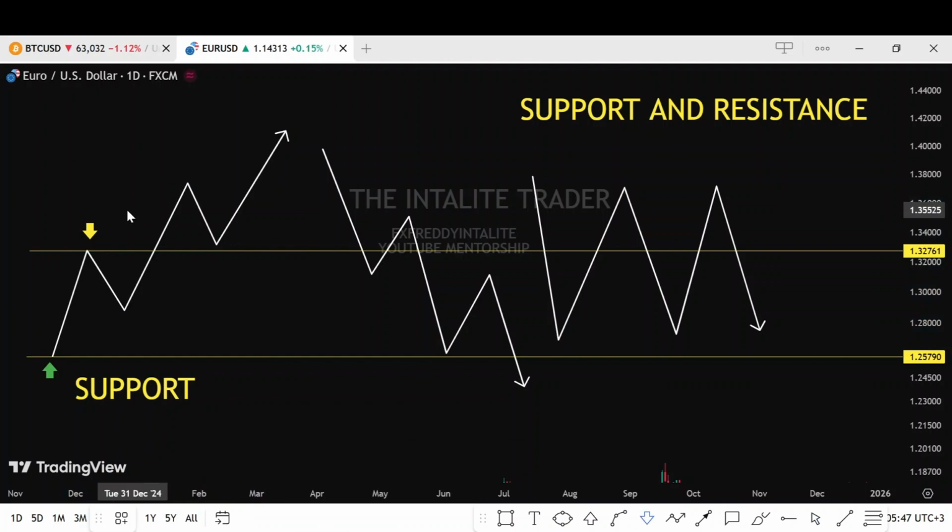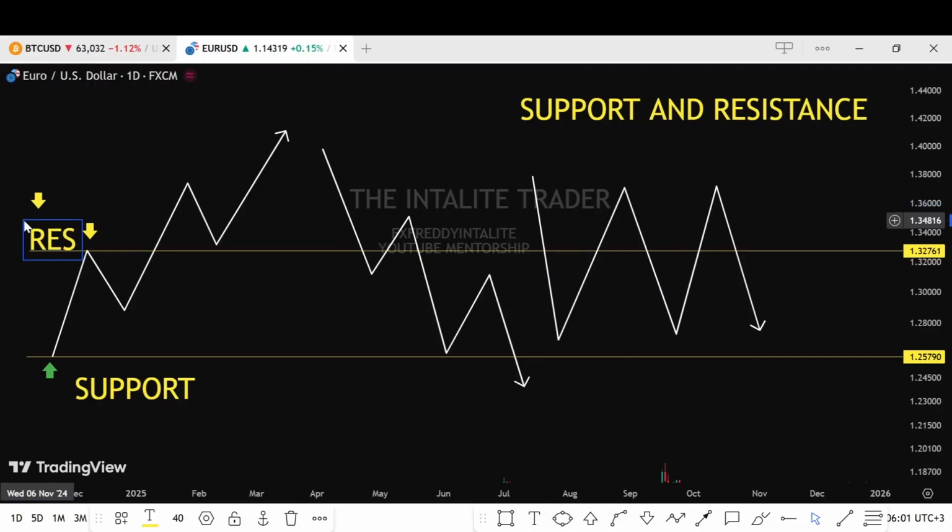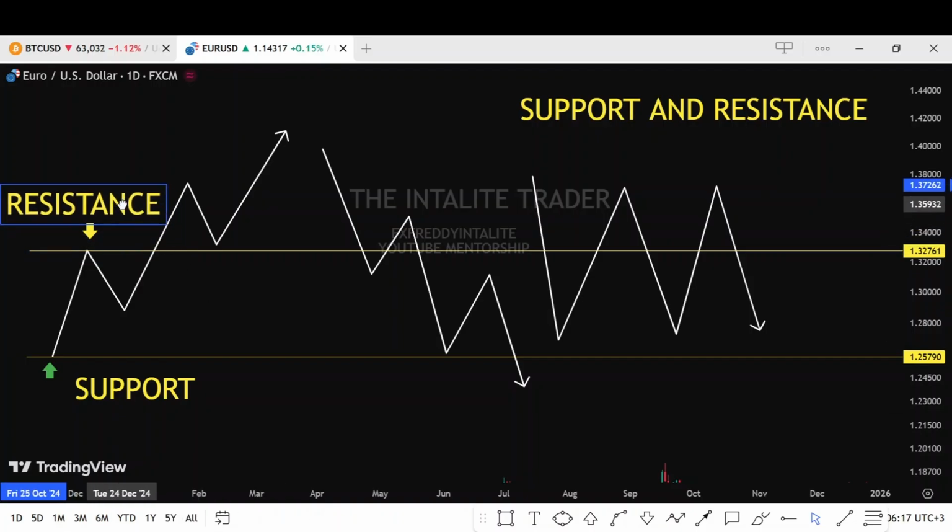So we say this is a resistance level. We shall call it resistance. So this one becomes our resistance. This level where price came and rested from becomes our resistance.